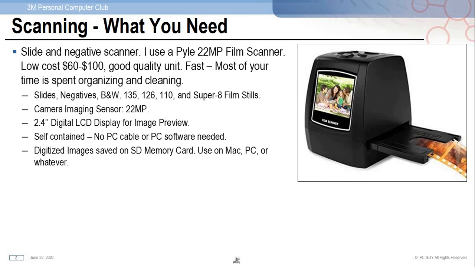You can take an individual picture off of an old film and digitize that. The camera is capturing it at 22 megapixels, which is a high quality image. The display has a 2.4-inch display on the front, so as you put stuff in here, let me set it.